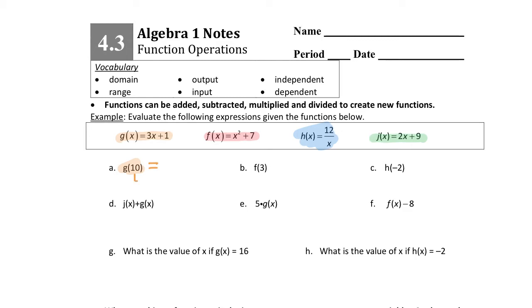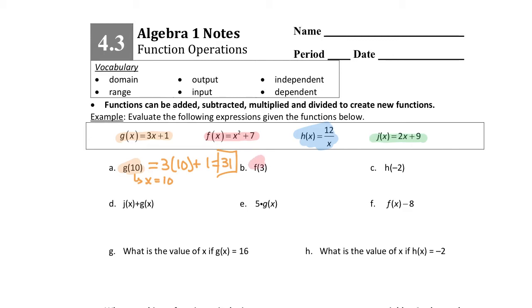Since it says g of 10, we're going to let our x equal 10. So I replace the x in the expression with the 10: 3 times 10 is 30, plus 1. This is going to equal 31. With this exercise, I'm just asking you to match up the functions with the replacement value.